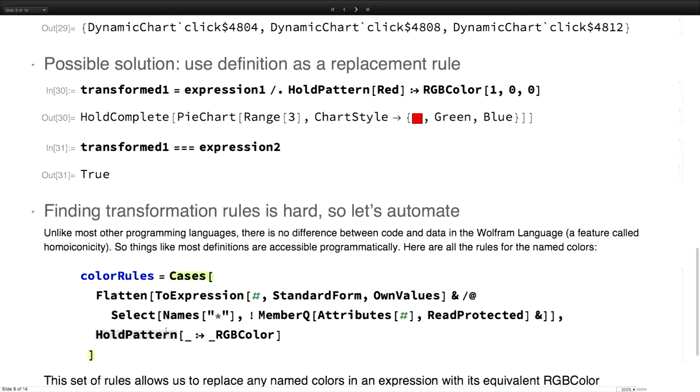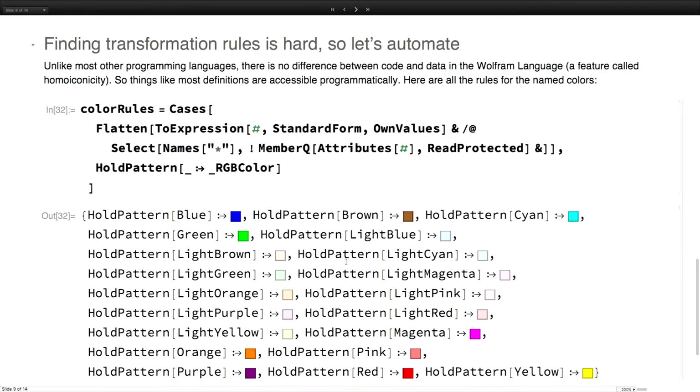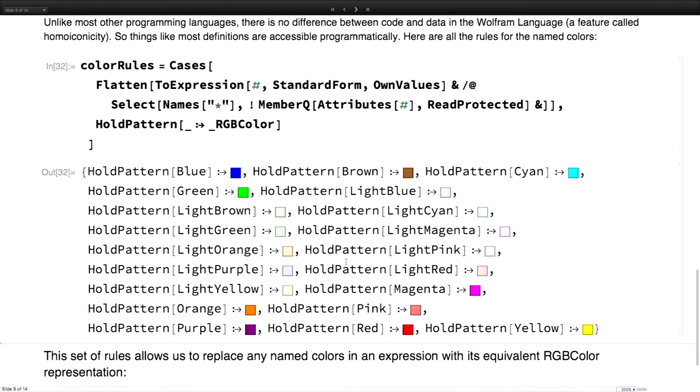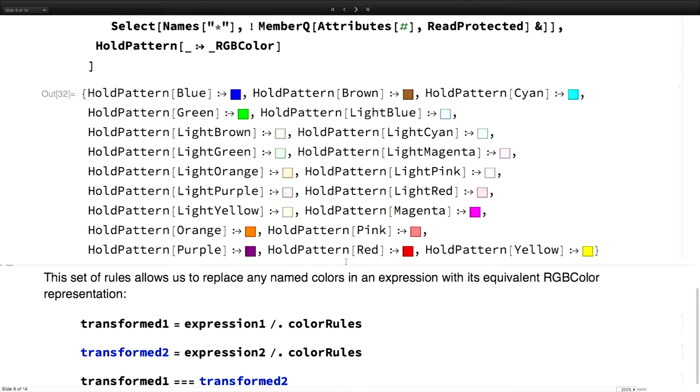And you just look for rules. In this example, I'm just looking for RGBColor. You could do this for anything else, really. In fact, you probably do want to make it more general. But this is an example of how you can get all the rules for the named colors. And now I can use this set of rules to eliminate any instance of these named colors in any expression. And they show up a lot in these EIWL exercises.